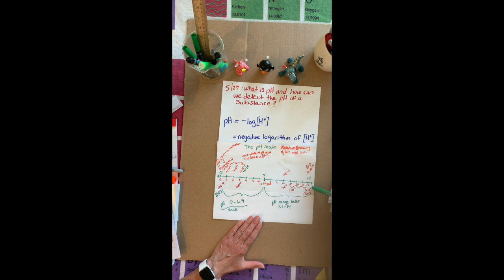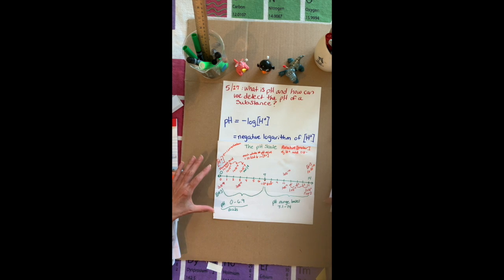And the strongest base will have 1 times 10 to the 0, or 1 molar, hydroxide ion concentration. Another quick reminder, a strong base, pH of 14, will have lots of OH ions, but it'll still have a very small amount of hydrogen ions, because these substances are all dissolved in water.